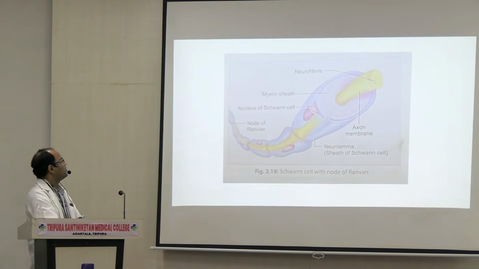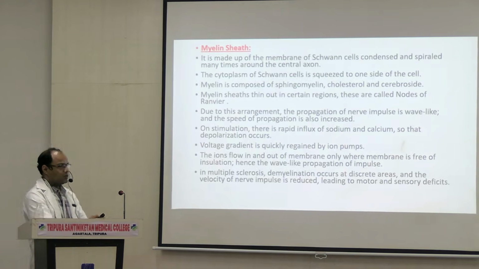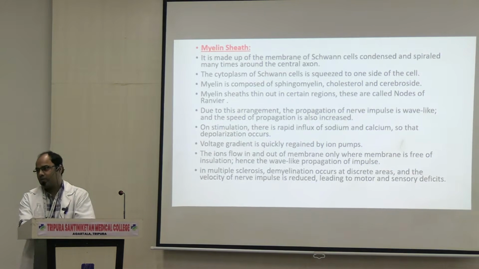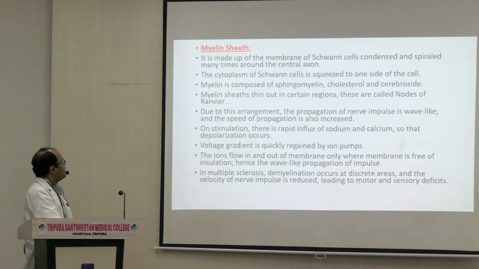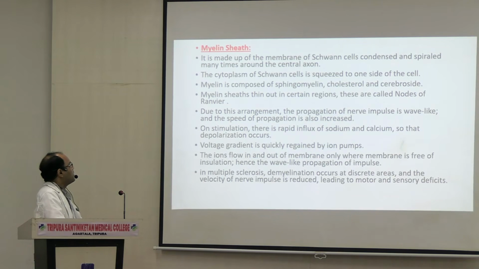This is the axon. Dendron is attached with the neuronal cell surface. Myelin sheath is a membrane of Schwann cells condensed and spiraled many times around the central axon.